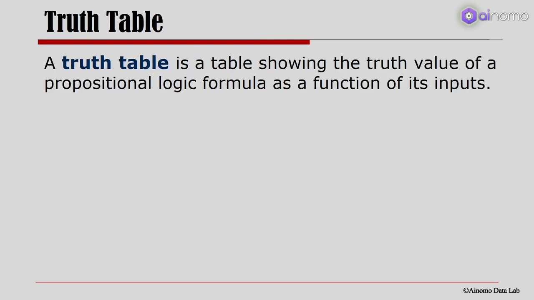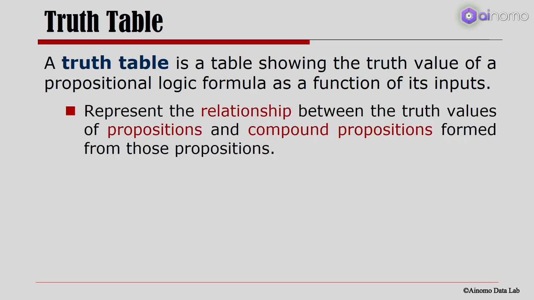A truth table is a table in propositional logic showing the truth value of a propositional logic formula as a function of its inputs. The truth table establishes the relationship between the truth values of propositions and compound propositions formed from those propositions.